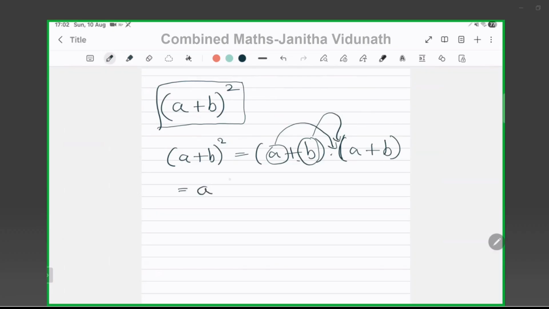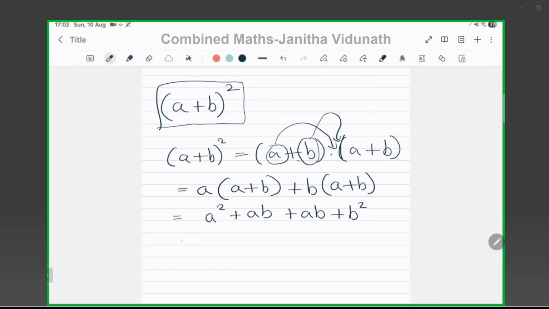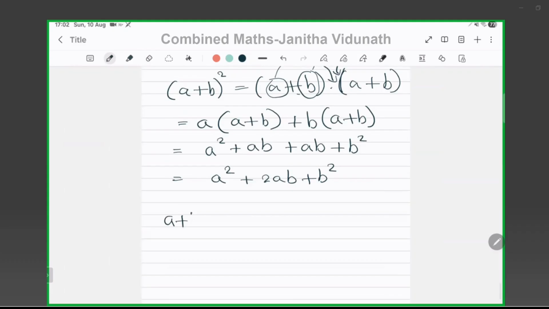Then we get a times a plus b, plus b times a plus b. Then we get a square plus ab plus ab plus b square, which is a square plus 2ab plus b square. So a plus b whole square is equal to a square plus 2ab plus b square.